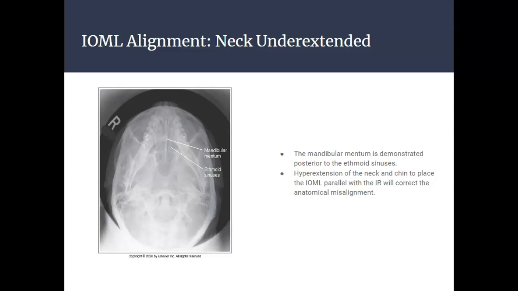In this case, you need to extend that flexion of the neck to place that IOML parallel with the IR in order to achieve the appropriate image of the SMV.